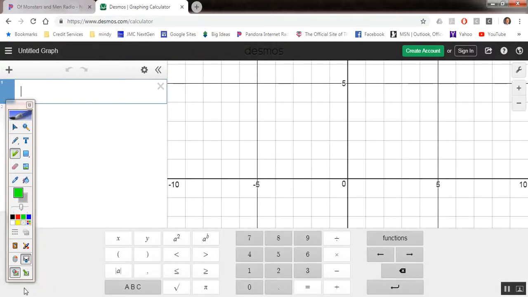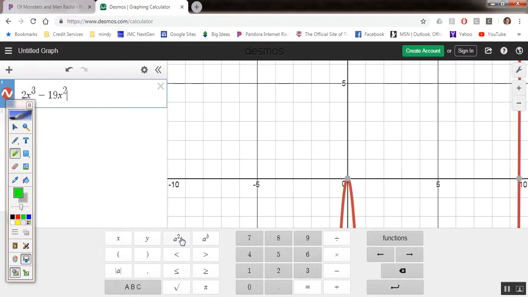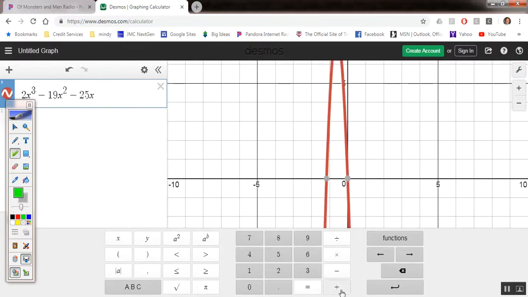Well, just give me the function part that we're going to graph. g(t) equals 2t to the third, negative 19t to the second, negative 25t plus 42.